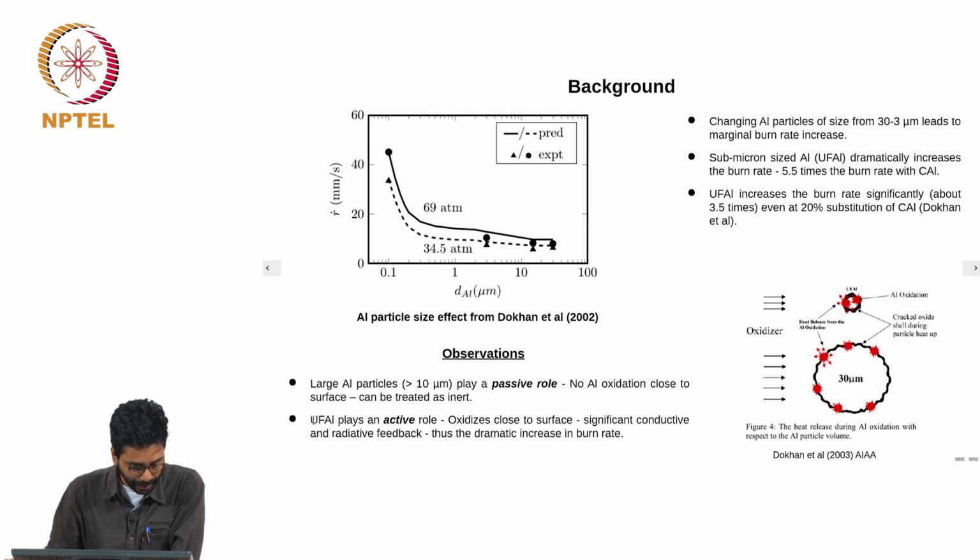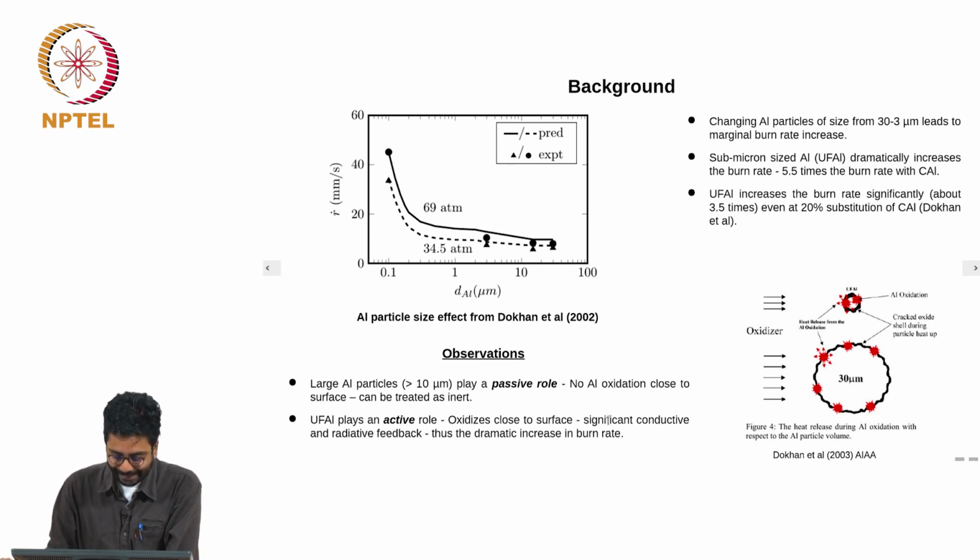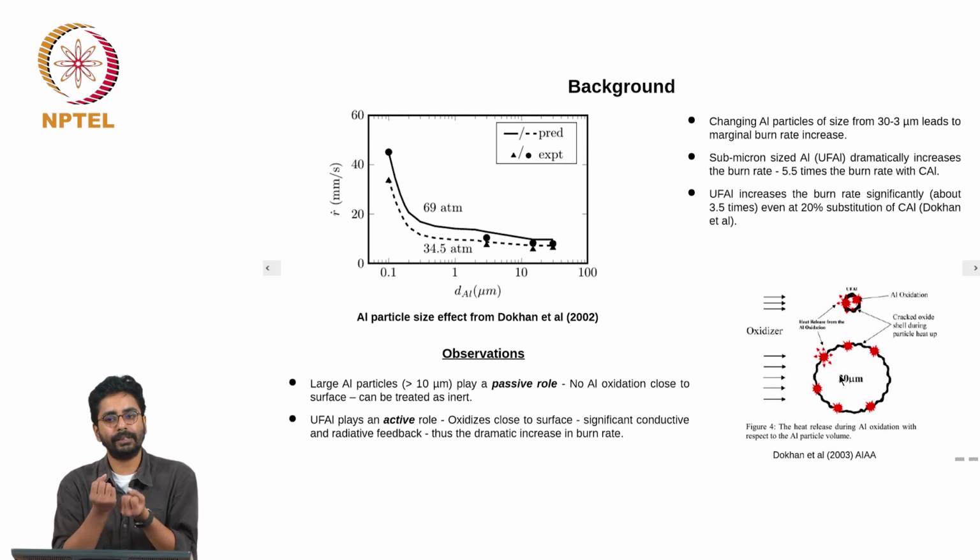On the other hand, ultrafine aluminum plays an active role. It oxidizes sufficiently close to the surface, increasing significantly the conductive and radiative feedback, and therefore the dramatic increase in burn rate that is observed. One mechanism that is suggested for the effectiveness of ultrafine aluminum as opposed to conventional aluminum is this: if you look at the burning of a conventional aluminum particle, both these particles have an oxide layer coating on top of it.